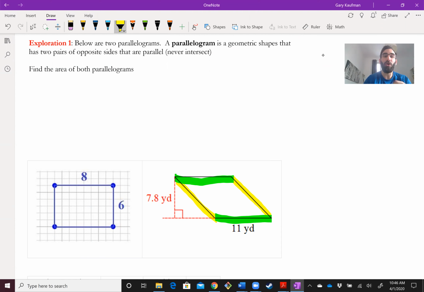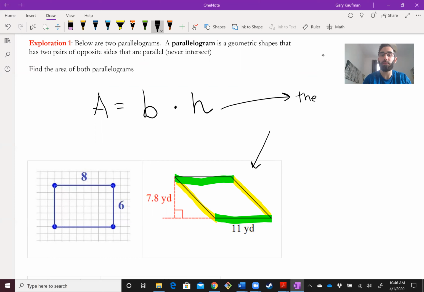Now, in all cases, the area of a parallelogram is the base multiplied by the height. Notice I'm not using length and width because this parallelogram doesn't have a length and width that we can use. Base and height always works. Now, it's key to note about the height.